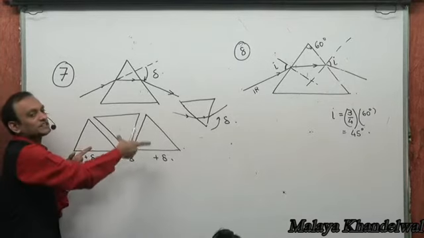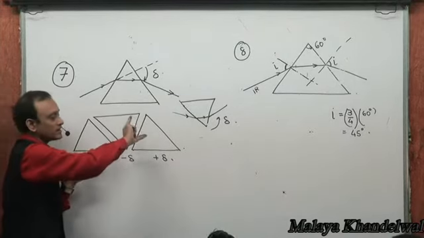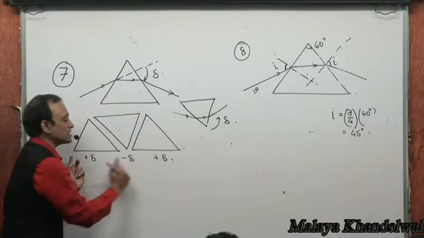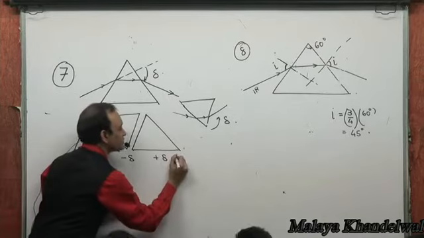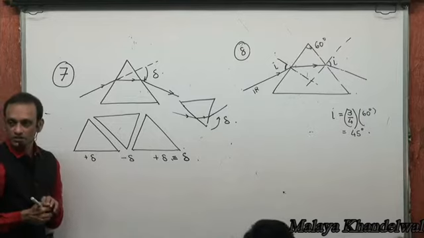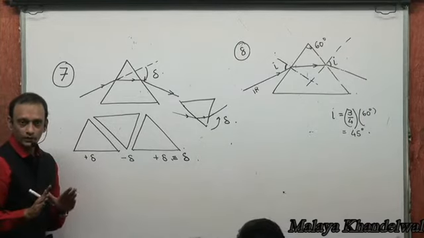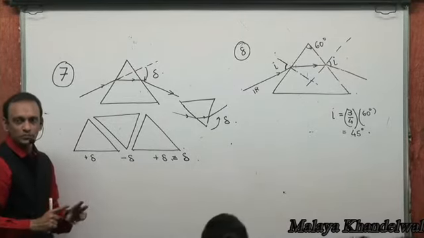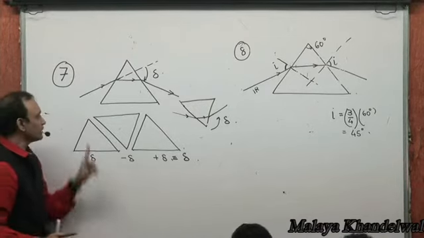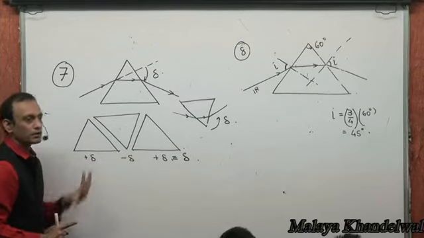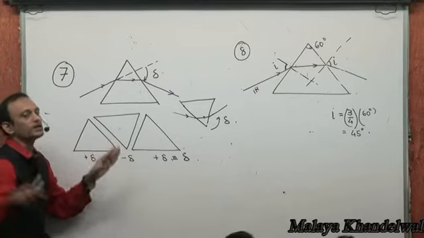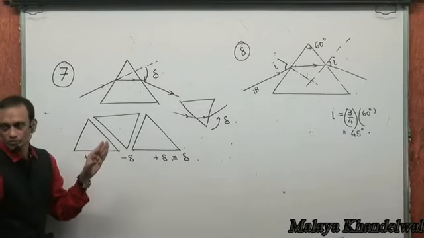This one would produce delta anti-clockwise, so minus delta. And this one would produce delta clockwise. So the net deviation is delta minus delta plus delta. Effectively, it produces a minimum deviation delta. So the minimum deviation produced by 3 such identical prisms is going to be delta, if we orient them as plus delta, minus delta, plus delta, because of the direction sense in which deviation is produced.